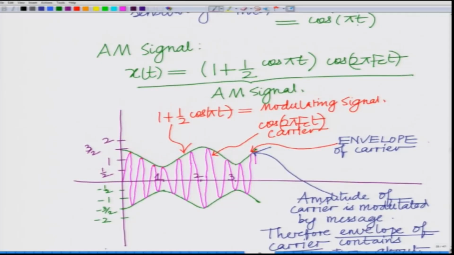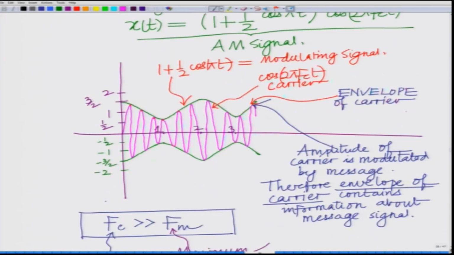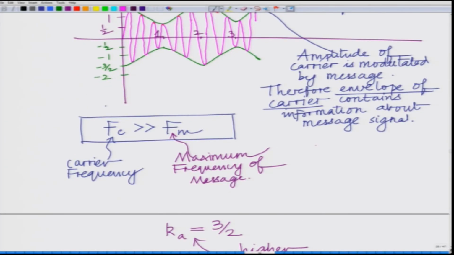So, for instance, in our two examples here, our mt is cosine pi t. Therefore, the magnitude of the minimum of mt, the minimum of cosine pi t being -1, is 1.